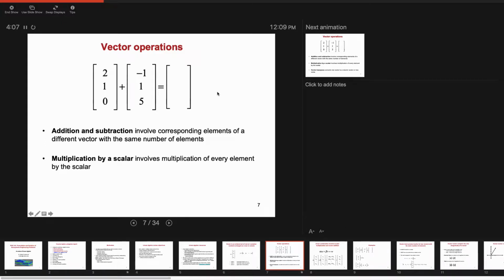So addition and subtraction is easy. Multiplication by a scalar would multiply all elements in the column or row in this vector. So if I multiply this first vector by 2, I get 2 times 2, 2 times 1, and 2 times 0. So I would get 4, 2, and 0. That's multiplication with a scalar.